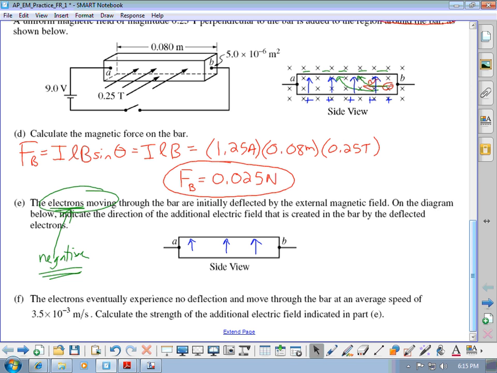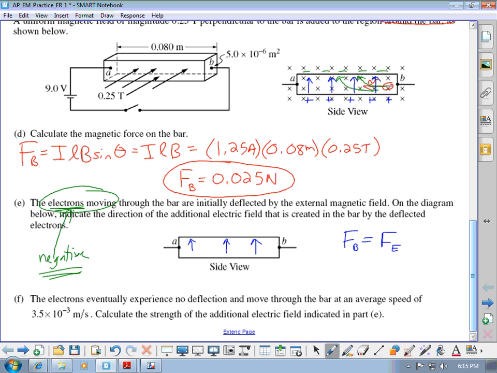So these electrons eventually experience no deflection and move through the bar undeflected. And so that means, and we're going to have this in part F, that the magnetic force is going to have to equal the electric force.